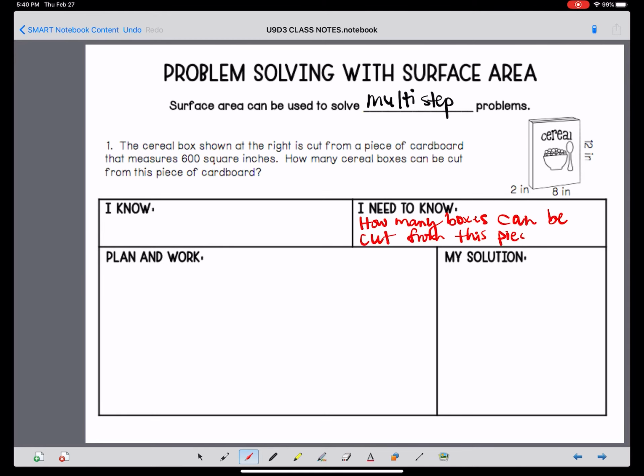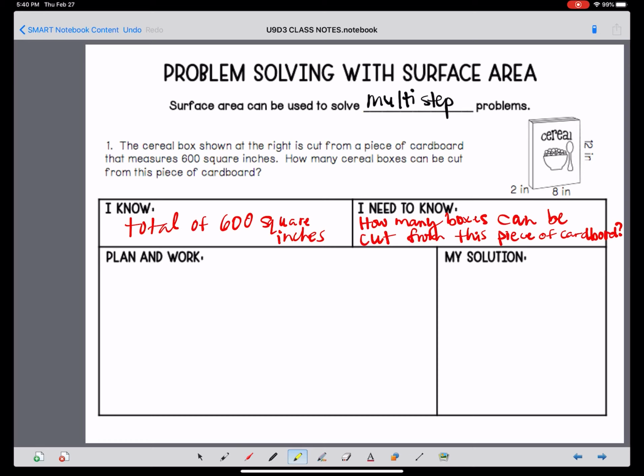How many boxes can be cut from this piece of cardboard? And here's what we do know. We do know that the cardboard that we have has a total of 600 square inches. So let's go ahead and work this out.